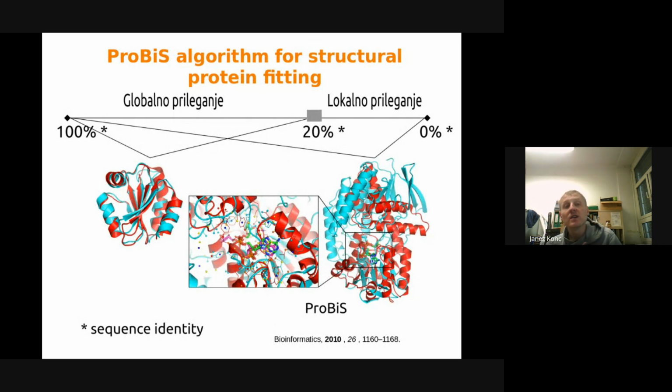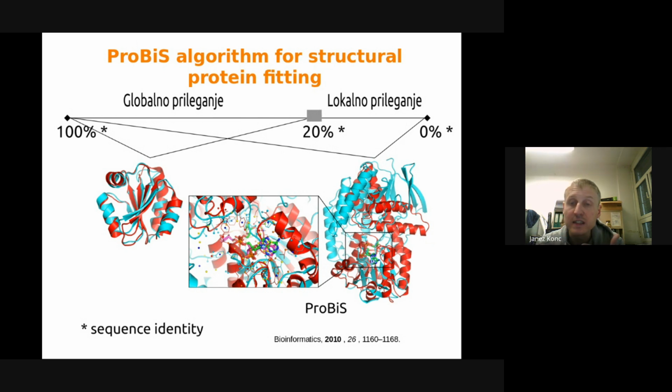Here, we don't want to compare proteins globally. We don't want to align protein backbones, because this is not interesting for us. To discover new binding sites, we have to align proteins locally. So we have to find a way to represent proteins' surfaces as a series of points in space with different color-coded functional groups, and align these vertices onto each other in order to find small local similarities between proteins.